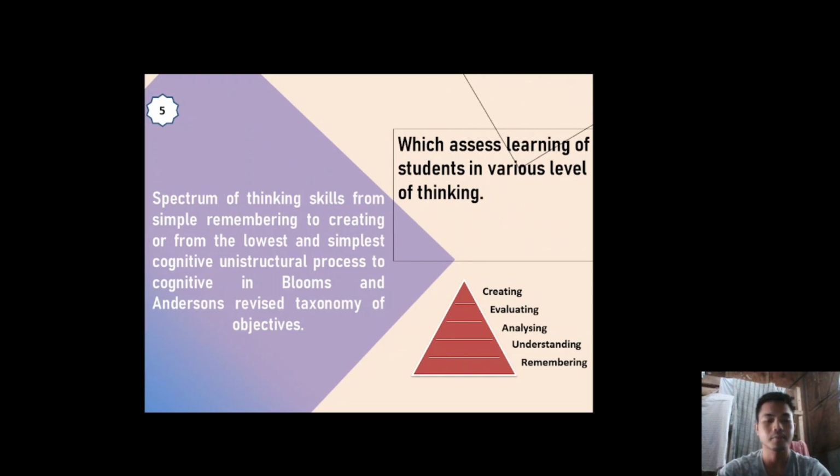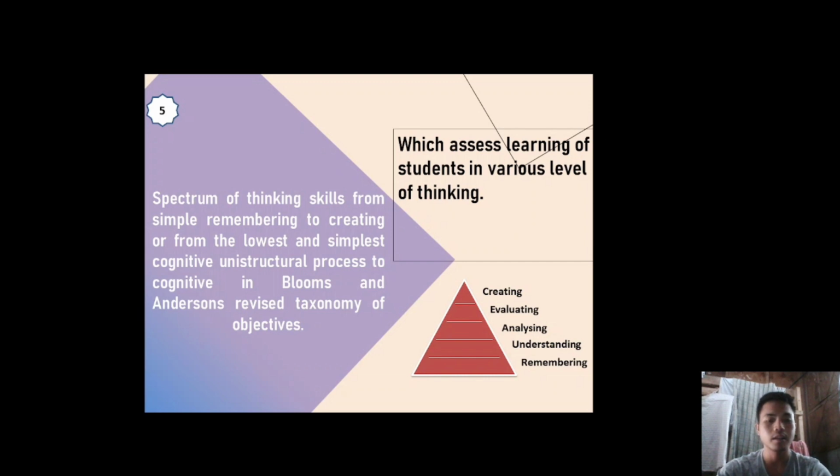Fifth, they cover a spectrum of thinking skills from simple remembering to creating, or from the lowest and simplest cognitive process to the most complex, as in Bloom's and Anderson's revised taxonomy of objectives, which assess learning of students at various levels of thinking.